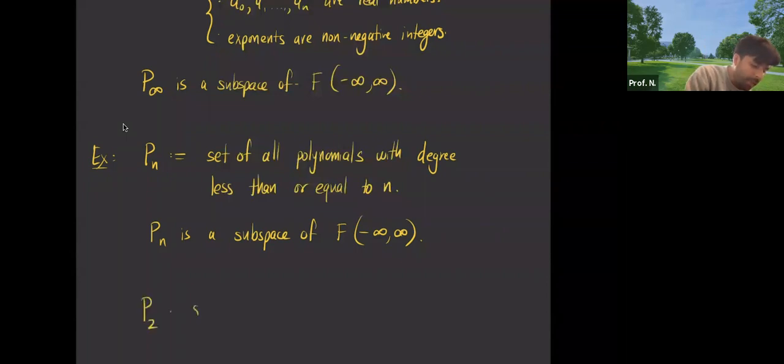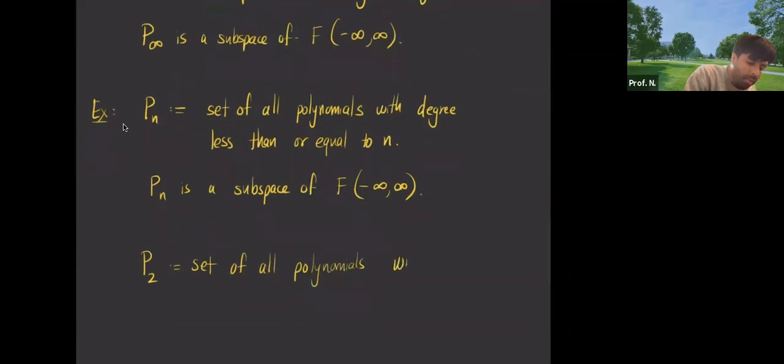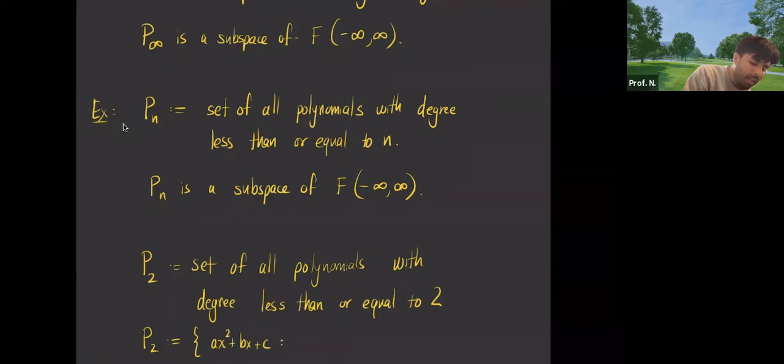P2 is the set of all polynomials with degree less than or equal to 2. What is P2 going to look like? It's going to be the set of all expressions that look like ax squared plus bx plus c, such that a, b, and c are real numbers.